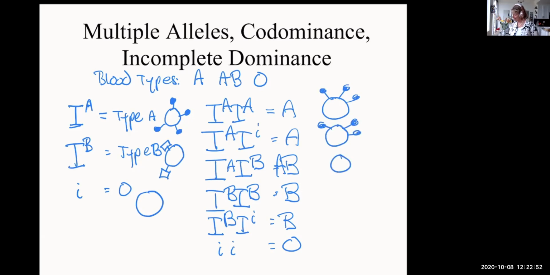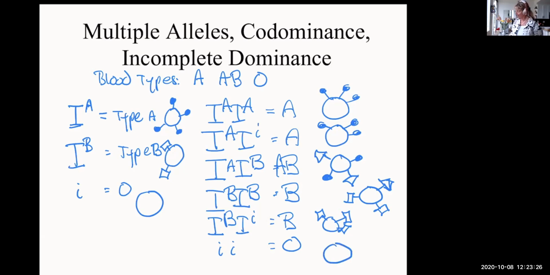But in this case, you will have both kinds of receptors. They're not really receptors, they're more like markers. With B, you would have only B. With B and i, you will also only get the B markers, because with i, you don't get any. And with a double i, you will get no markers.